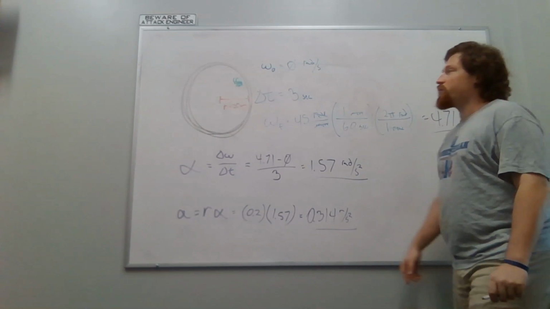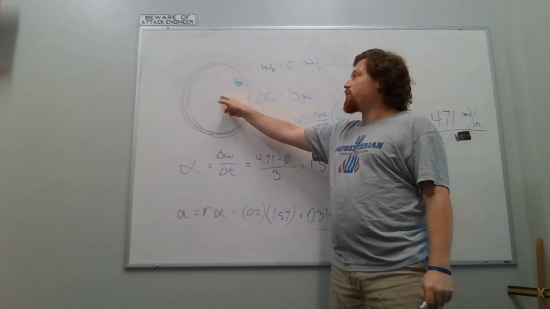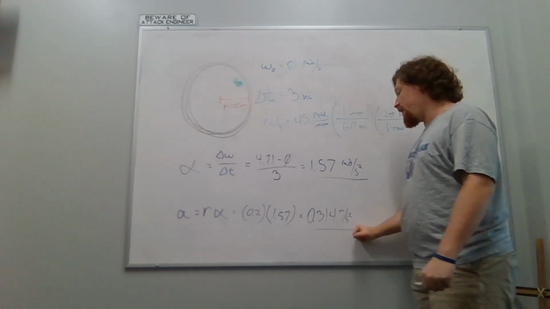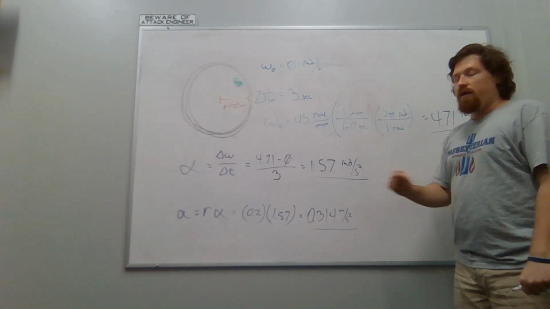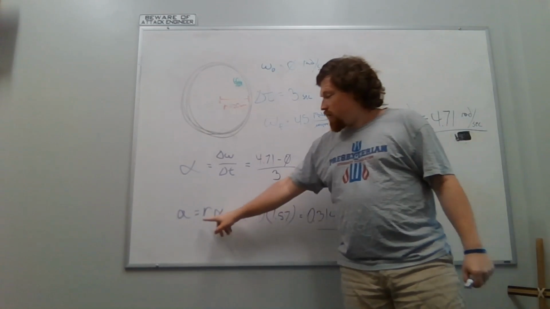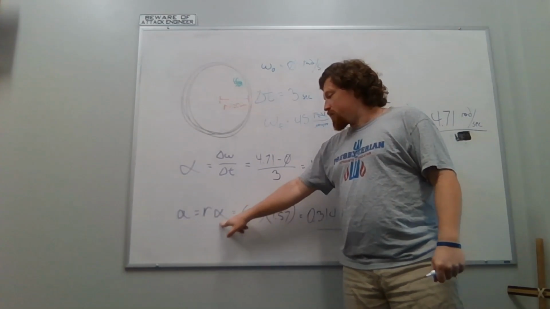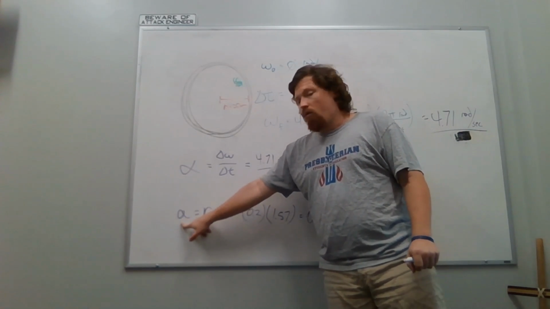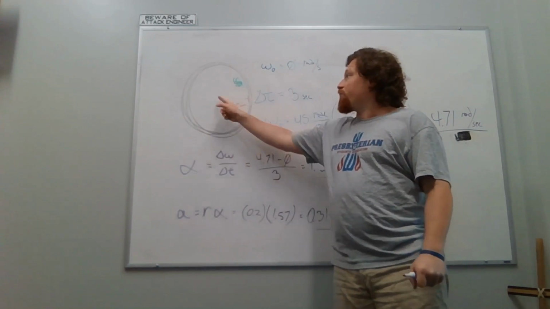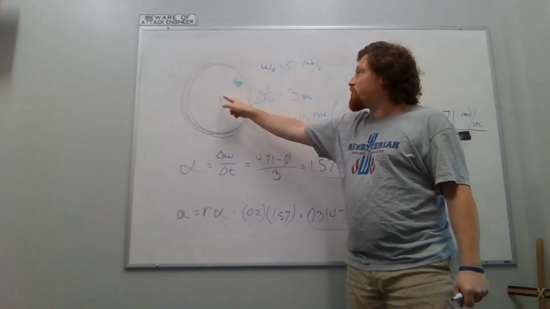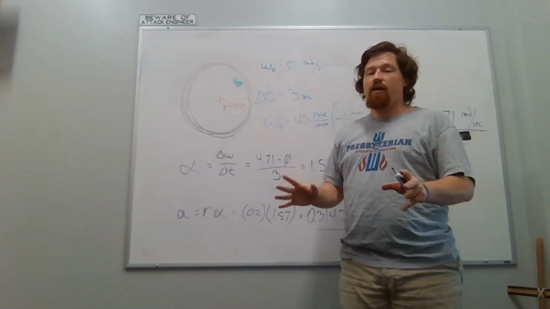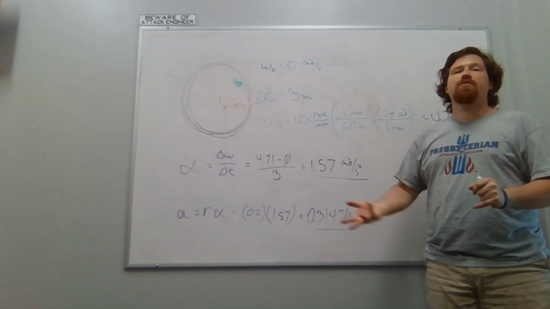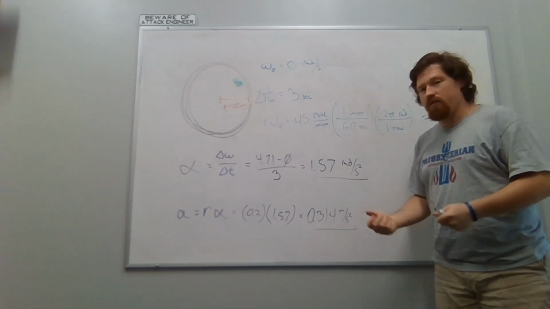If the grasshopper was standing at a different spot on the turntable, the radius would be different, and that would change this acceleration. Now notice, the r is being multiplied by the angular acceleration. That means the bigger the radius is, the more your linear acceleration is. The farther you are away from the center of the rotating object, the more acceleration you are undergoing. The faster and faster you will eventually get, linearly speaking.